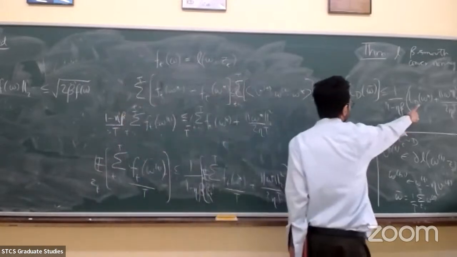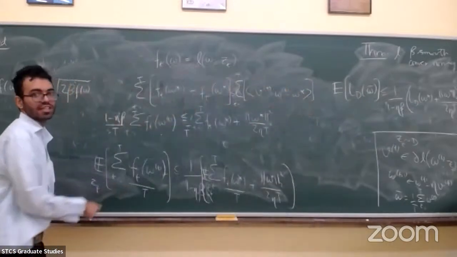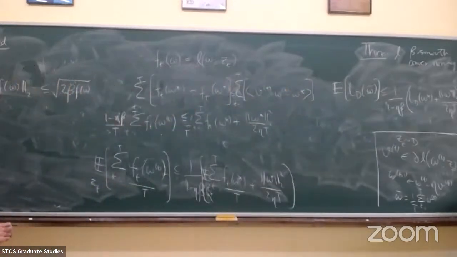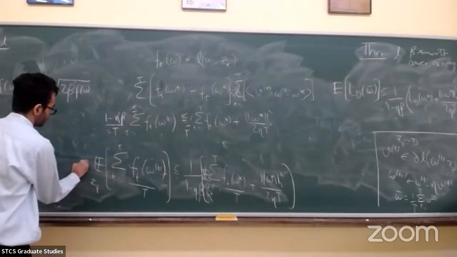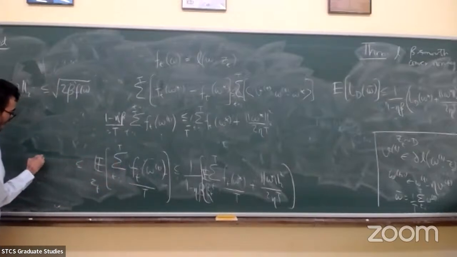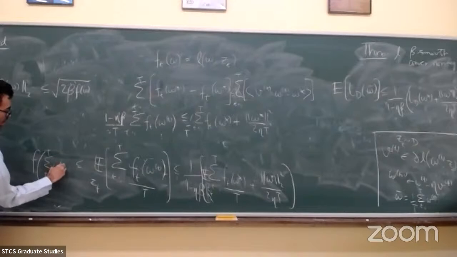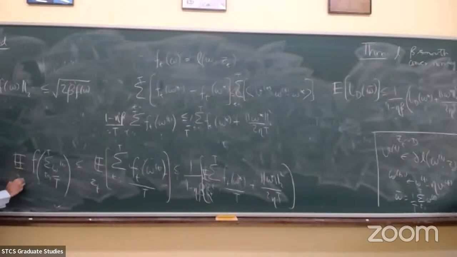This thing here is now exactly this thing here. And by the way, there's one more place I have to use Jensen. This is a function at the Ws and I'm taking an average, so f of the average is at most the average of the functions. That's one more step, and that completes it.